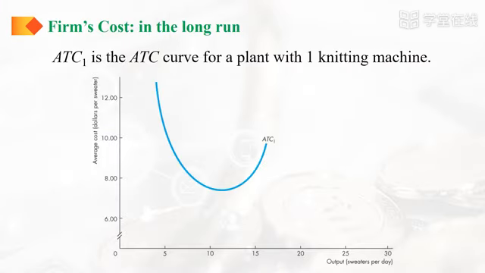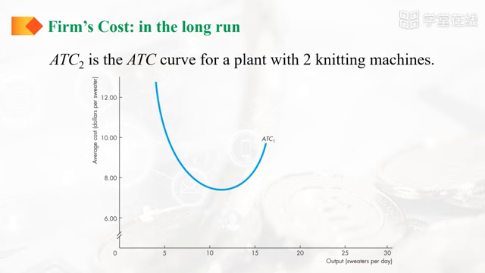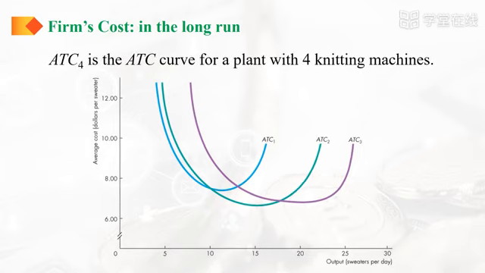ATC1 is the average total cost curve for a plant with 1 knitting machine. ATC2 is the ATC curve for a plant with 2 knitting machines. ATC3 is the ATC curve for a plant with 3 knitting machines. And ATC4 is the ATC curve for a plant with 4 knitting machines.